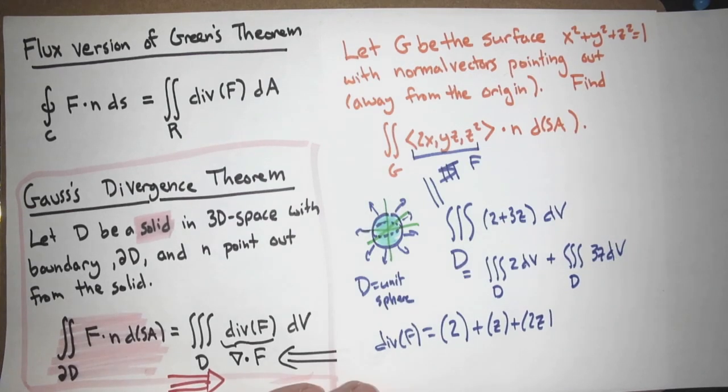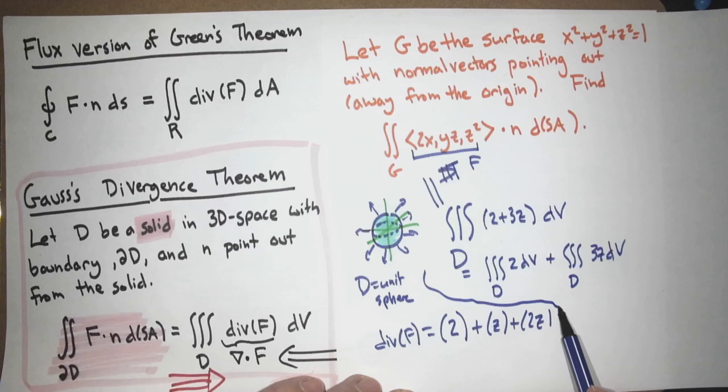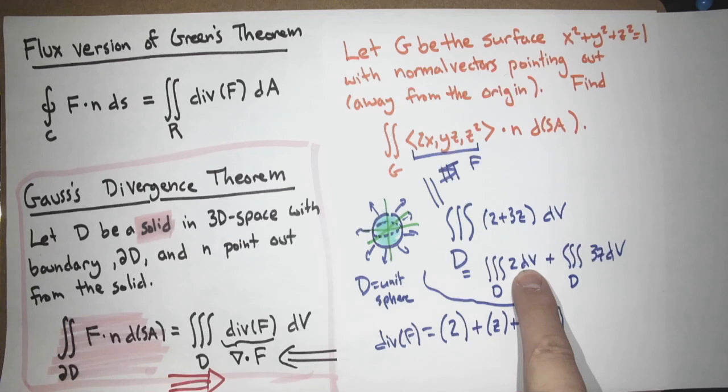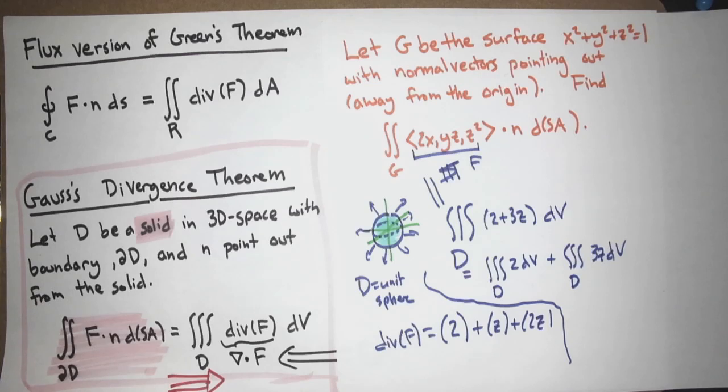Now, one of these integrals we can do quickly, and the other one we can also do quickly. Which one should we do first? The first integral. Okay, the first integral is doing what? It's almost volume. 2 times volume, right? So how do you find the volume of a sphere? 4/3 pi r cubed.